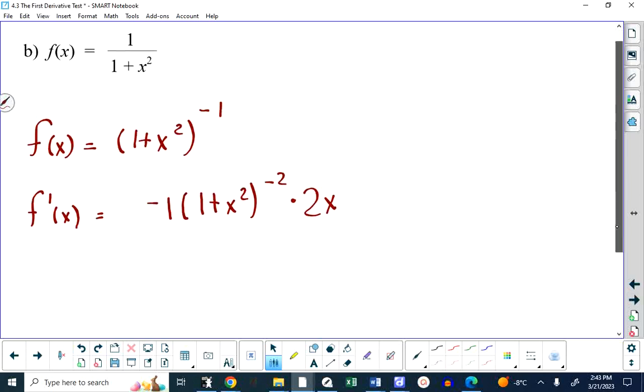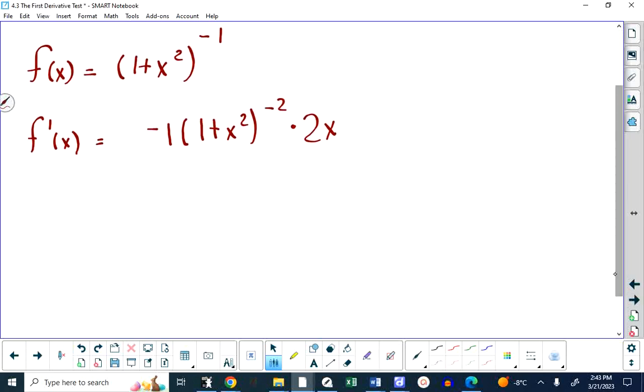Okay, so that means the derivative is -2x over 1 plus x squared. There is exactly one critical value of x for this derivative. The function's defined everywhere, so there's not a critical value of x at the beginning or the end, where derivatives are not defined.